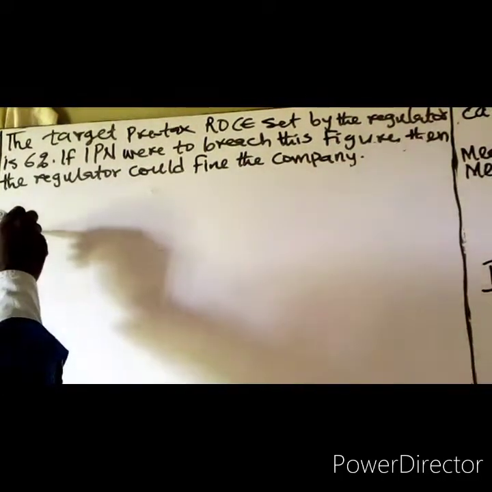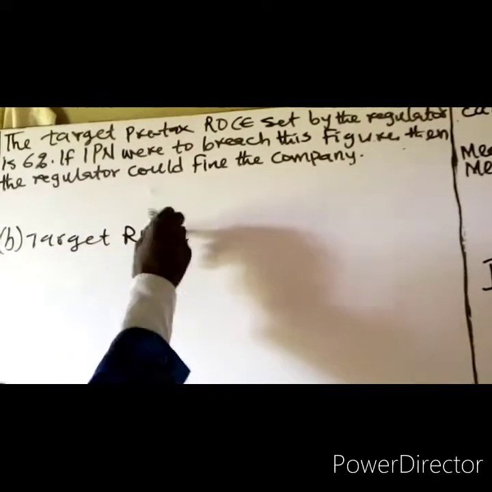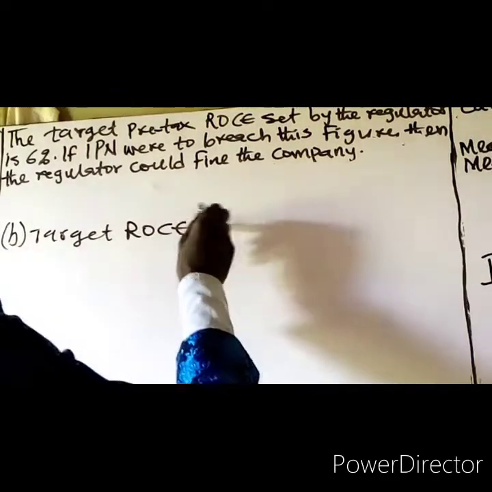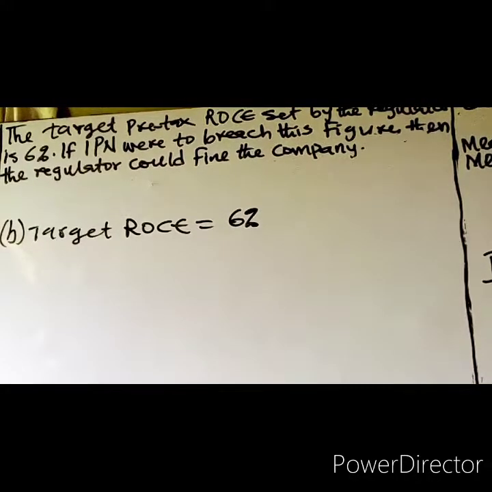So you are given target ROCE of 6%. Target ROCE means return on capital employed, and that is 6%.